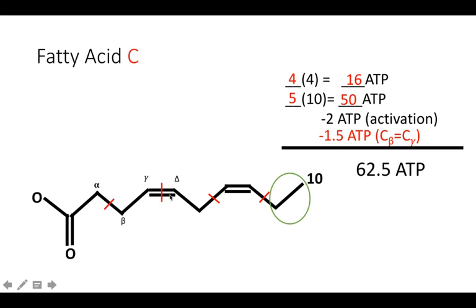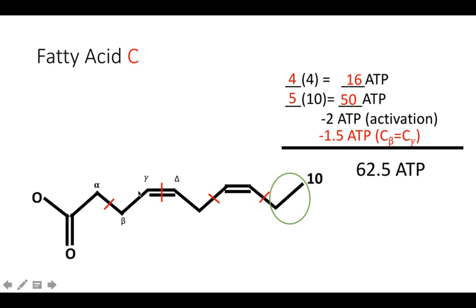However, after the second cut right here, since this whole left side is going to be gone after 2 rounds of beta oxidation, my ketone is going to get put on this carbon right here, on the delta carbon. Therefore, I now have alpha, beta, gamma. Right here, I've got this second double bond is between a beta and a gamma carbon. So therefore, I'm going to lose the 1.5 ATP from that.